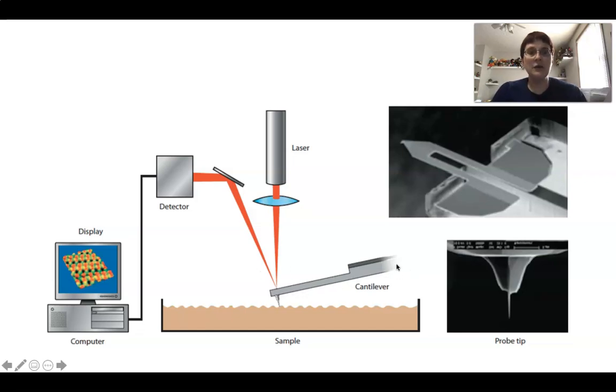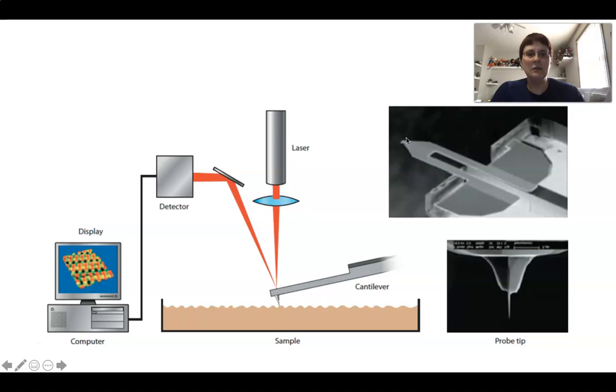When I say it works like an old record player, I literally mean it. It's got a needle on it, a really, really tiny needle, a very tiny probe tip. It's microscopic, on the end of the lever.